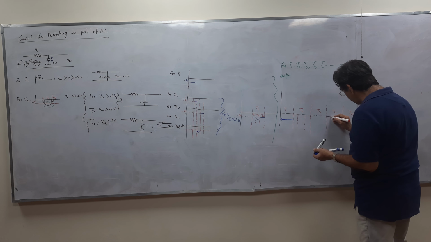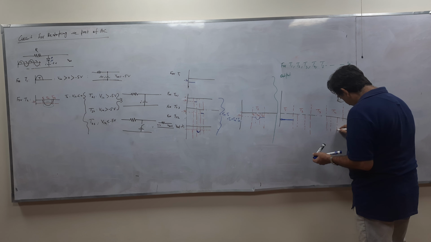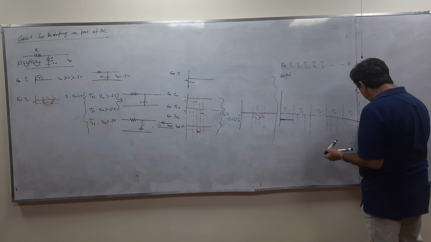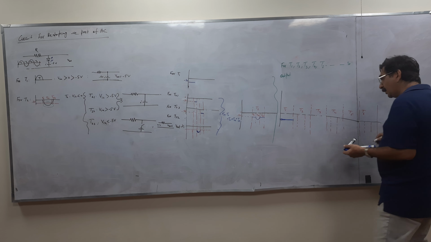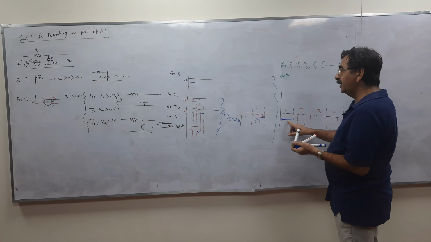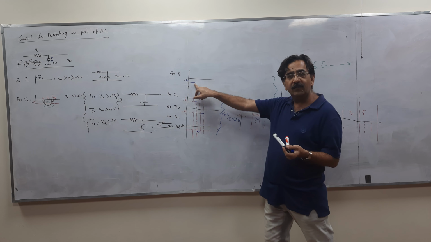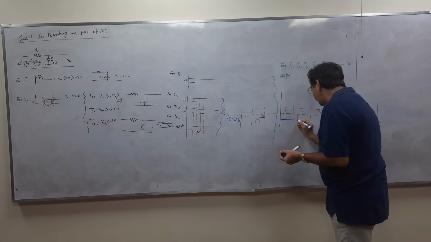T3 will remain the same, T4 will again be divided, T6 will be further divided. So in this way, for T1 that will be a constant equal to minus 5 volt. For T2 it will again be constant.